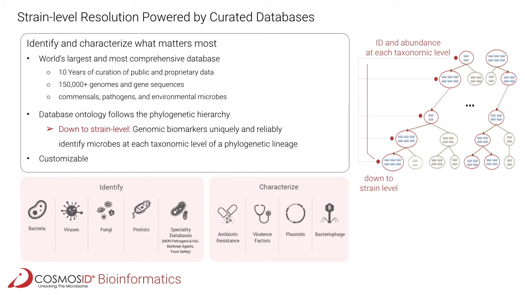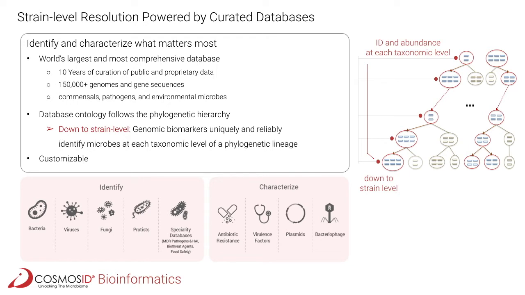And this tree tells us two important things. It tells us, for once, where do we have microbial lineages that are maybe underrepresented? And this is where we can engage in de novo sequencing projects or collaborations with biobanks to backfill our databases. The second thing that it tells us is possibly even more important, and that is it gives us a hierarchy or topology.